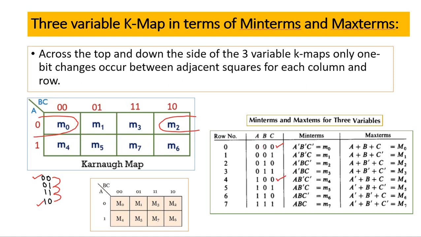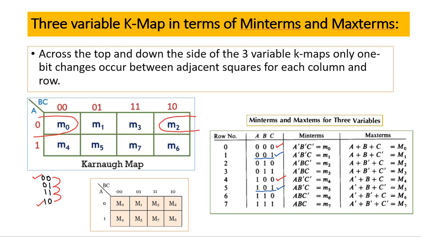So between 000 and 100 there is a change by 1 bit. And if I consider 1 and 5, 1 is 001 and here it is 101, again a change by 1 bit.